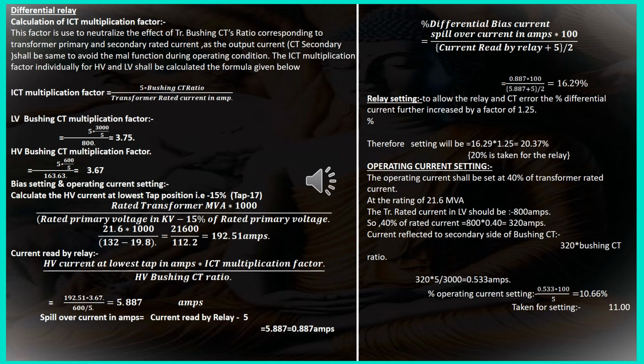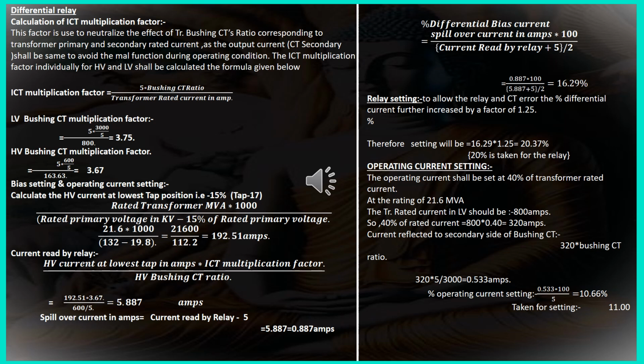If the polarity is not connected properly, then it will malfunction. Malfunction means if you charge the power transformer, it will trip immediately. If the current is subtractive, it is difference, it will sense the difference. But if you change the polarity of one CT and it is additive, then it will trip immediately.